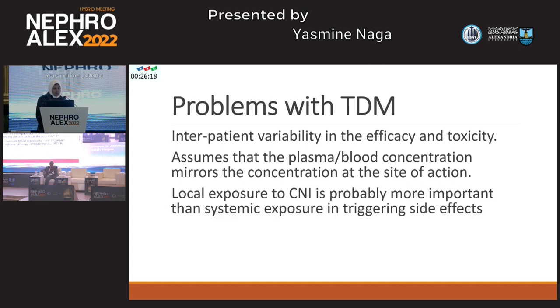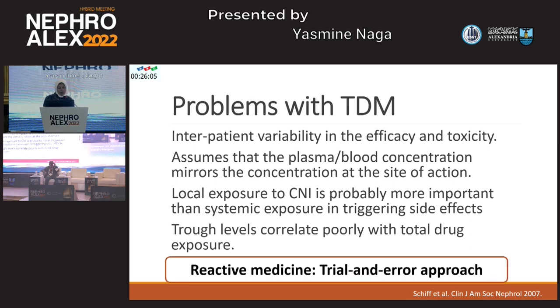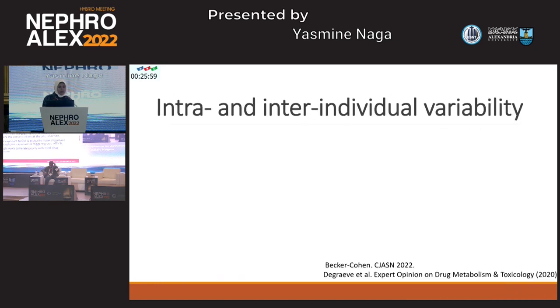Sometimes the local exposure is higher, and it's actually more important than the systemic exposure, but we cannot measure the local exposure. So trough levels are the only solution we have, and we have a form of reactive medicine where we use trial and error to correct the level.